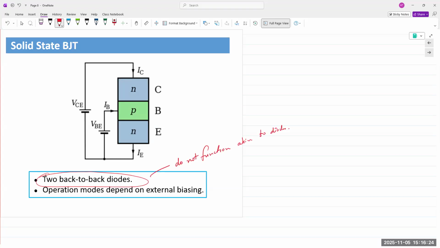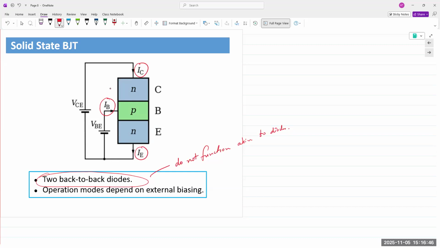Okay. Just want to talk about notations. The notations that we give for these terminals. So these are known as terminal currents: IB, IC, and IE. So base current IB, collector current IC, and emitter current IE.